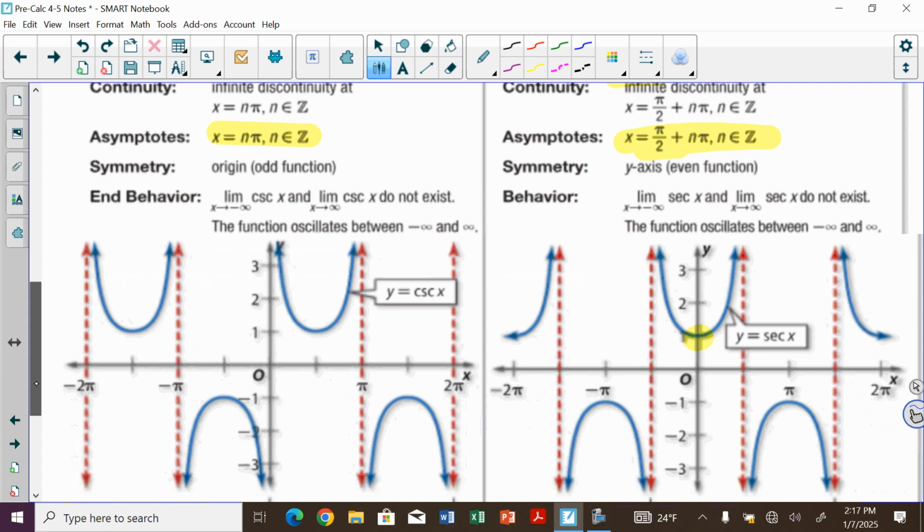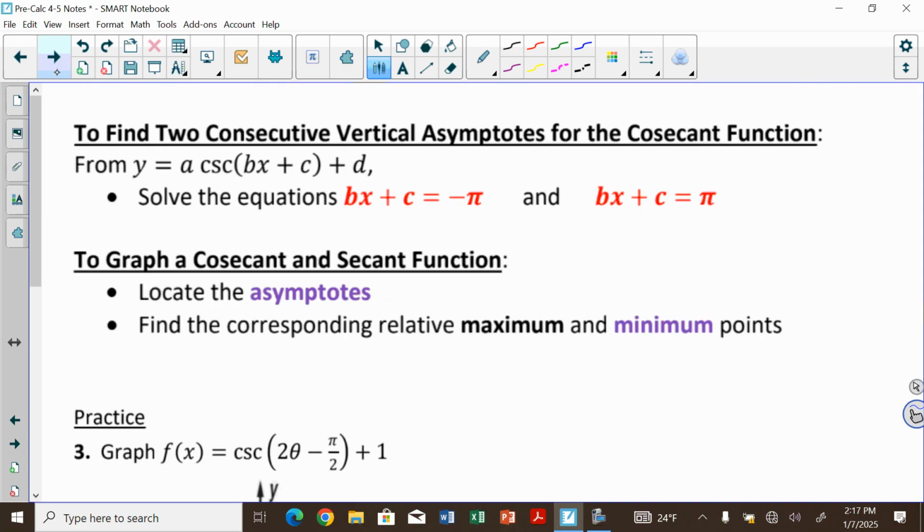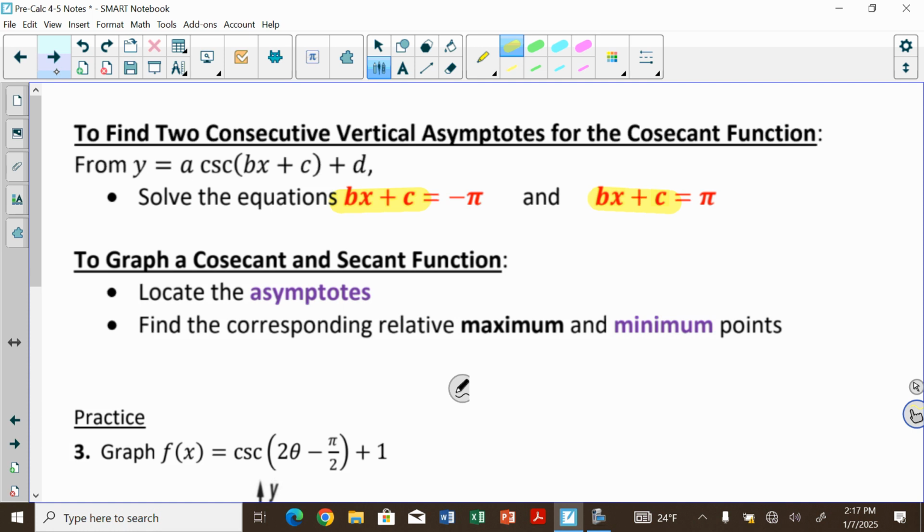That's why when we're talking about secant, these are odd multiples of pi over 2. Whereas in cosecant, it's the same equation, bx plus c, but because we're talking multiples of pi, we can set it equal to negative pi and positive pi to find our vertical asymptotes for cosecant. So you have to know what function we're dealing with.